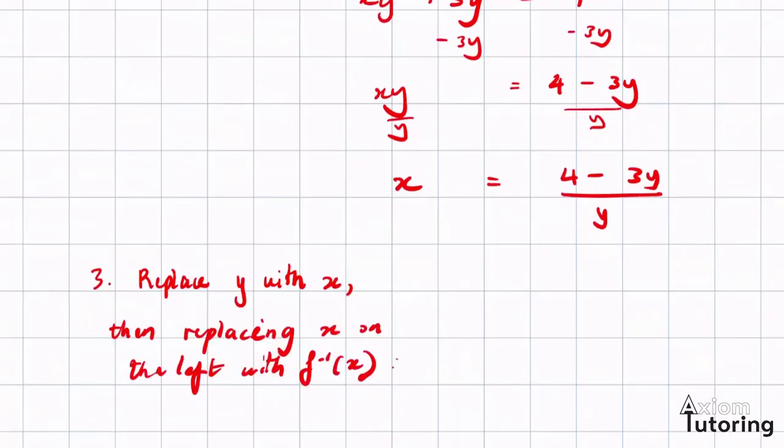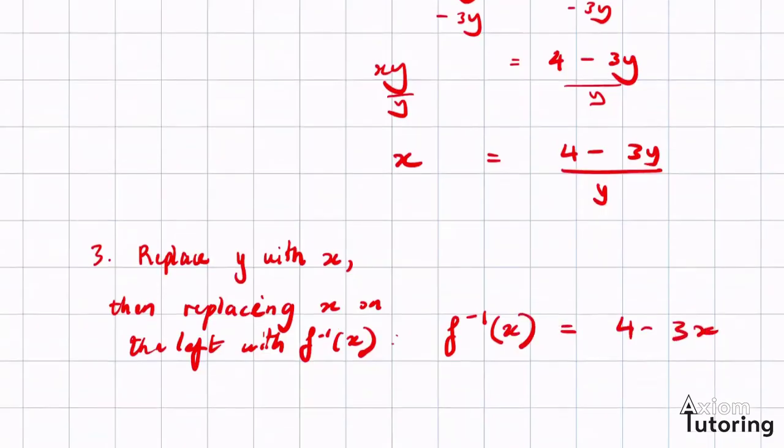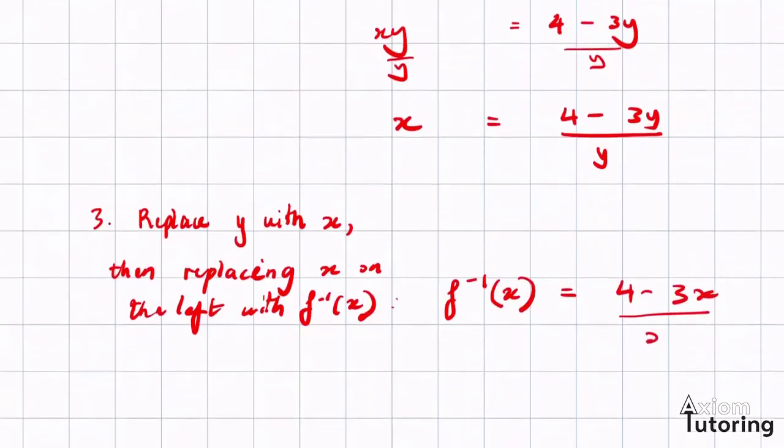So that means on the left-hand side, our previous x input becomes our inverse function, and that's equal to 4 minus 3x, as we replace y with x, all over x.